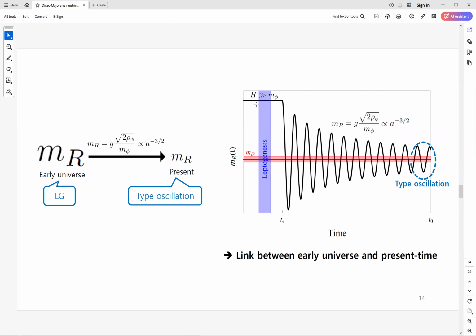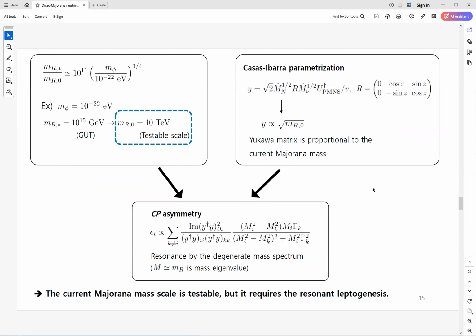So if leptogenesis occurs at such a very large Majorana scale, and the neutrino-type oscillations occur at the relatively small Majorana mass terms in the present time, there might be a link between the early universe and the present time. We consider the Majorana mass terms fixed in the extremely early universe due to the large friction term.